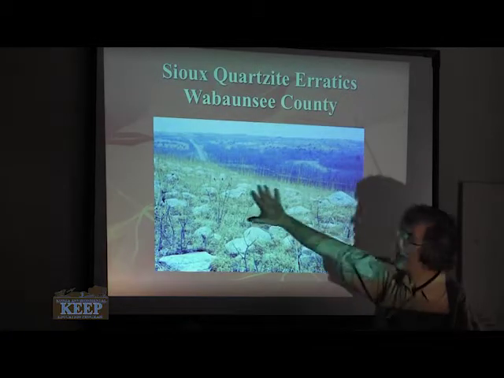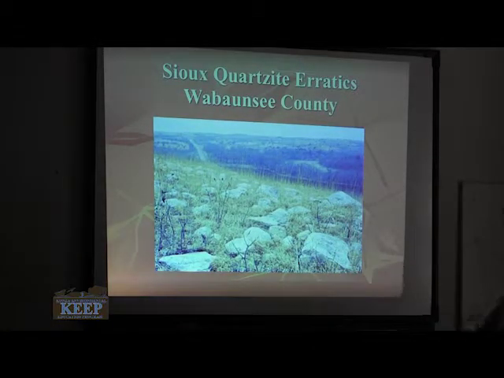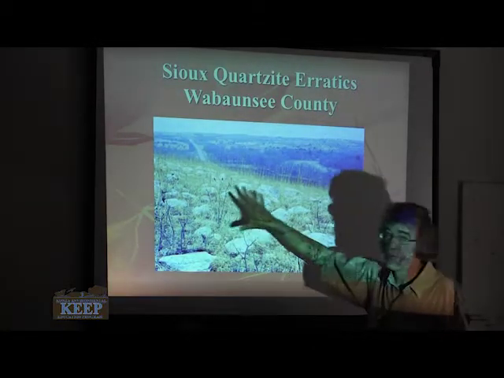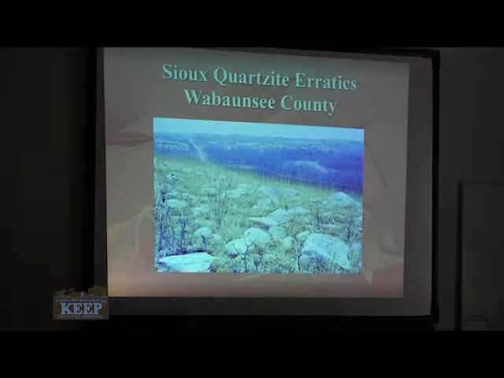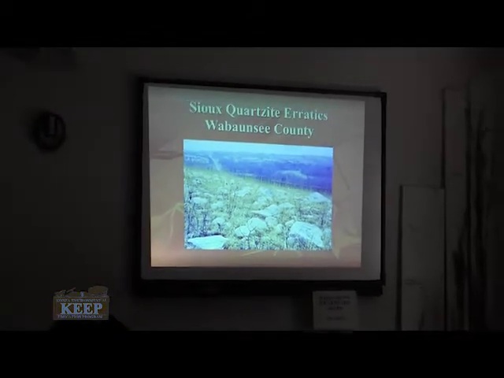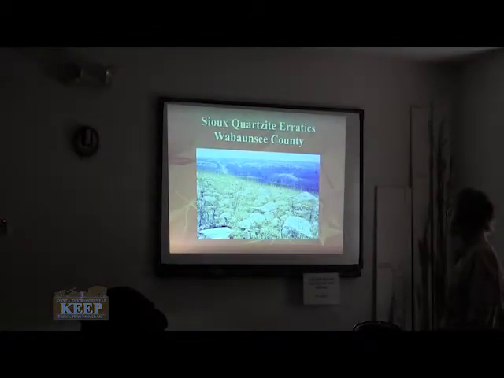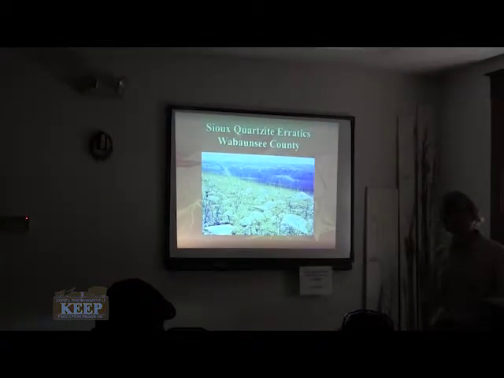And what you find there on the tops of hills commonly are all these boulders and rocks, cobbles, but they're not rocks that you'd find anywhere near here, even in Kansas. They're actually quartzites, which are a metamorphic rock, a sandstone that's been placed under lots of temperature and pressure. And there's nothing like it.